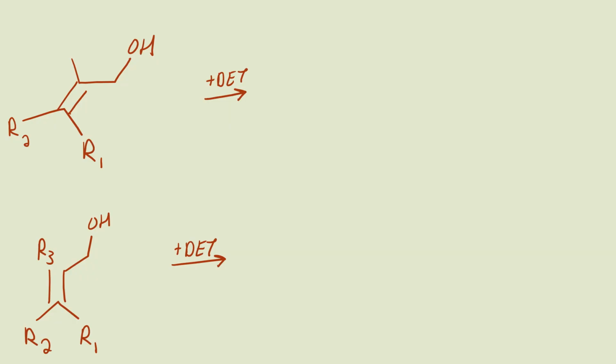Here are some ways that you can draw the products of a Sharpless epoxidation. This first way, you can imagine an epoxide ring coming up from there. This is going to push these substituents to the front and these to the back.